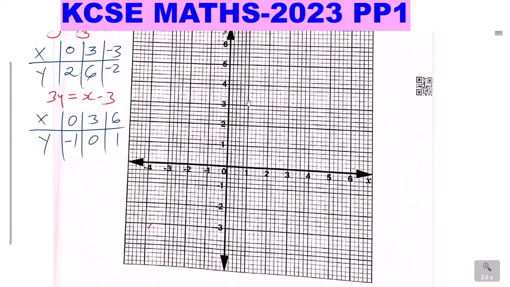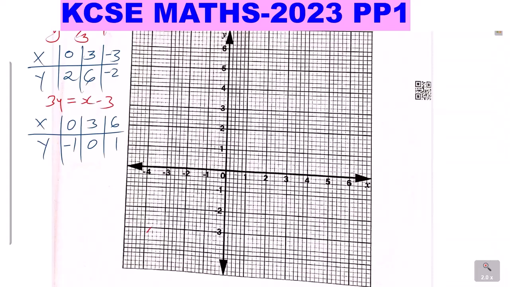So the first line is y equals 4/3 x plus 2. Let's plot (0, 2). (0, 2) is here. Then (3, 6). (3, 6) is here.